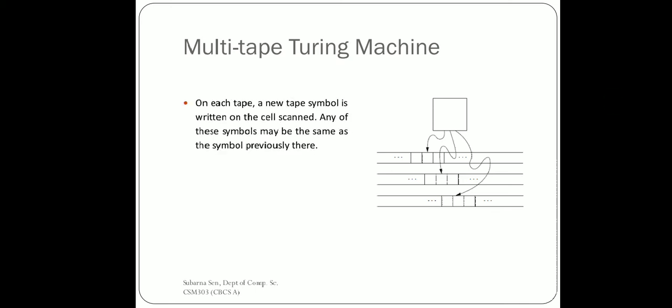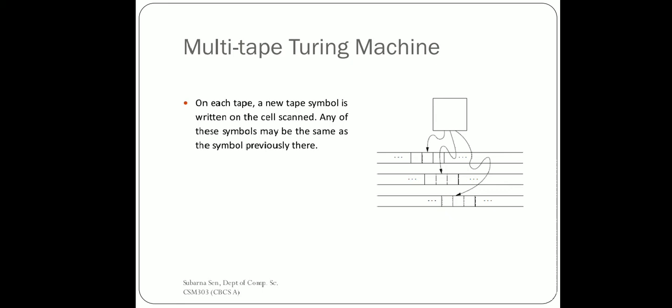Now, on each tape a new tape symbol is written on the cell scanned. Any of these symbols may be the same as the symbol previously there. So you can see that we are learning all the same things, but previously we considered all this with respect to a single tape, and here we are considering everything with respect to multiple tapes, right?